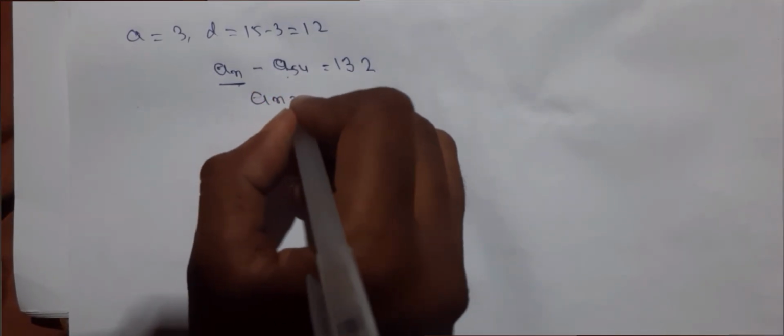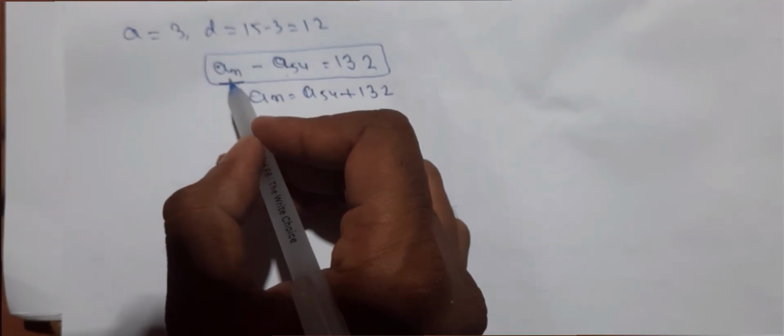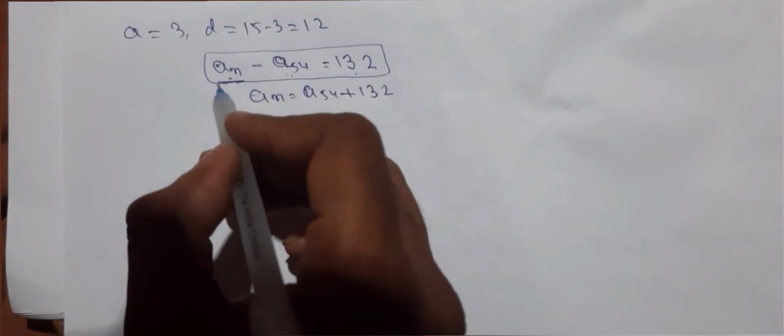In some other places they have written it like a of 54 plus 132. The meaning is the same, but this is actually the right method. They are asking, tell me the place where a value is lying which is more than the 54th place value by 132. I don't know it, so I've written like this.